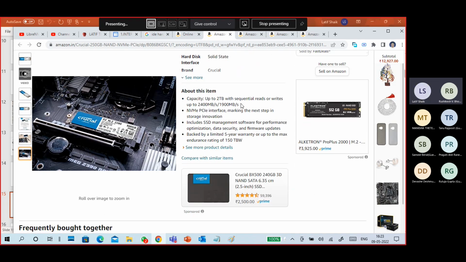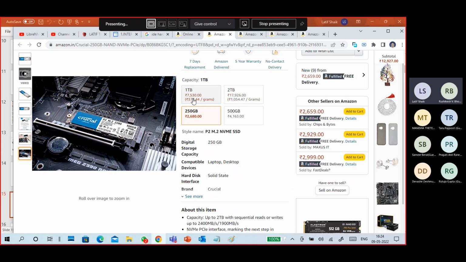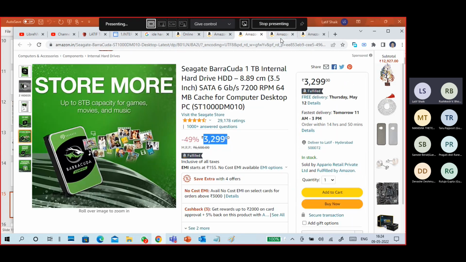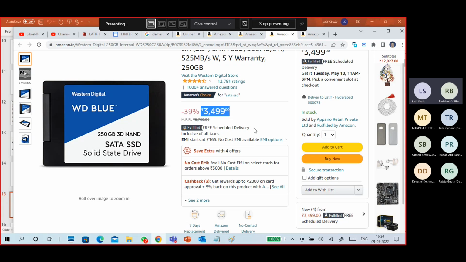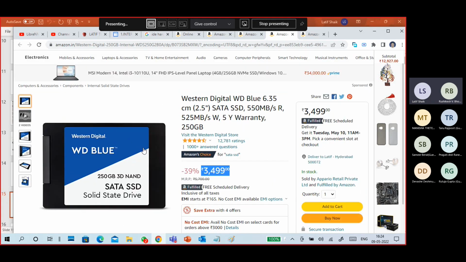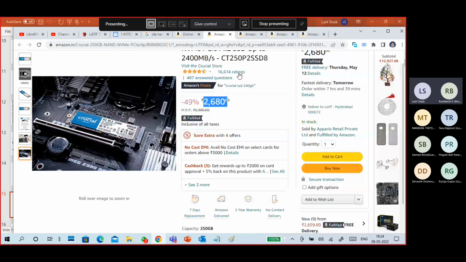If you take 1 terabyte, see, 1 terabyte is 7,530. 500 GB is 4,100. If you compare with this one, it's half the price, and this is a wrong price, I think, because this is cheaper than this SSD.